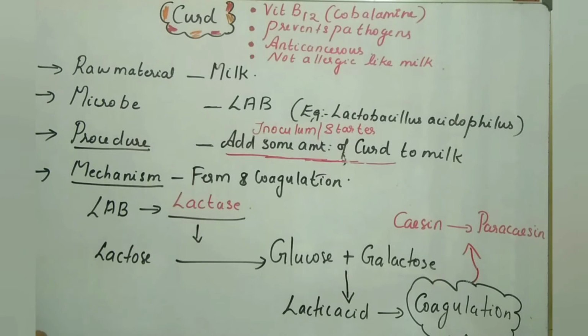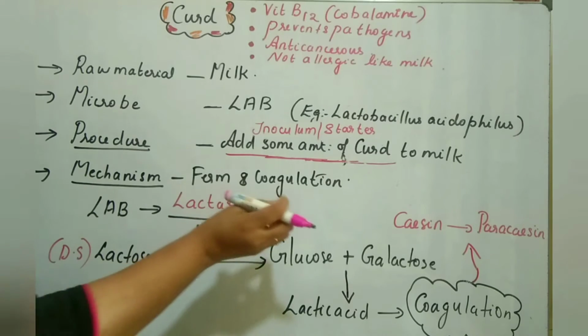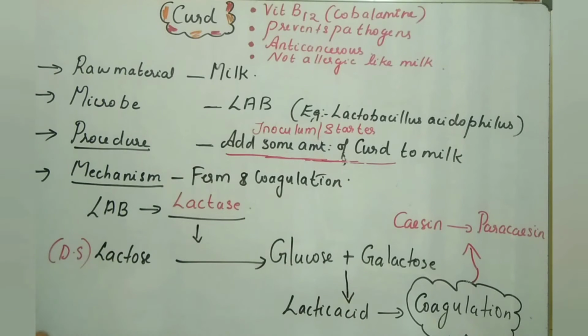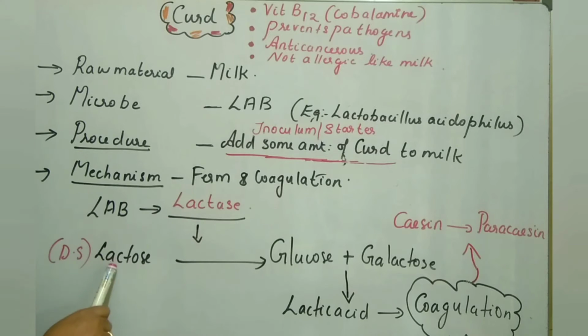The sugar present in milk, the lactose, is a disaccharide, right? So this lactose is converted into monosaccharides like glucose and galactose. Okay. So with the help of lactase, the lactose is converted to glucose and galactose.